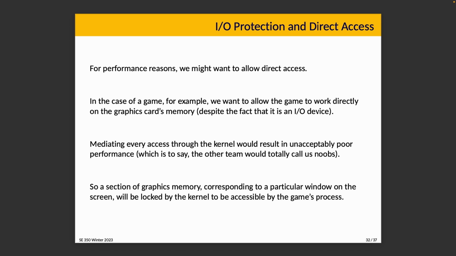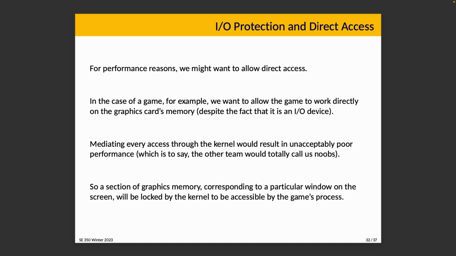Well, performance, right? If every access to the memory of the graphics card involved going through the kernel, it would result in unacceptably poor performance, which is to say the other team would totally call us noobs. We're here to win, and it would just be too slow. So to make this happen, an operating system can and will basically allow the rules to be broken a little bit.